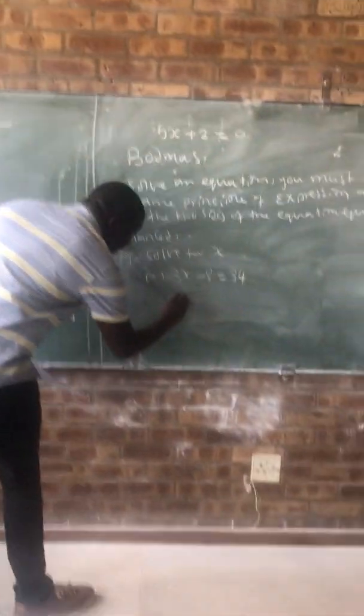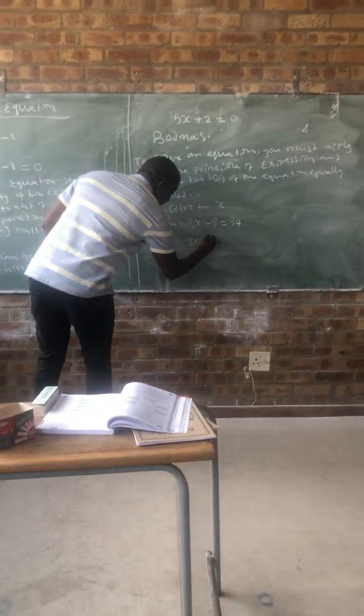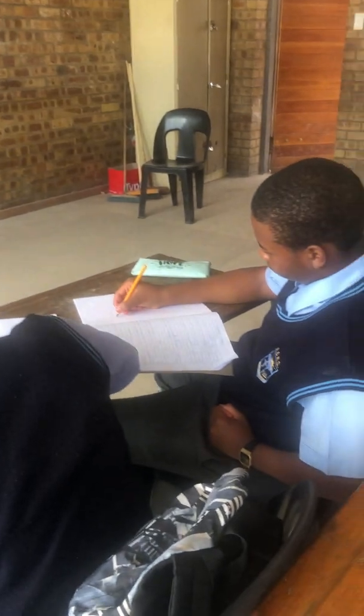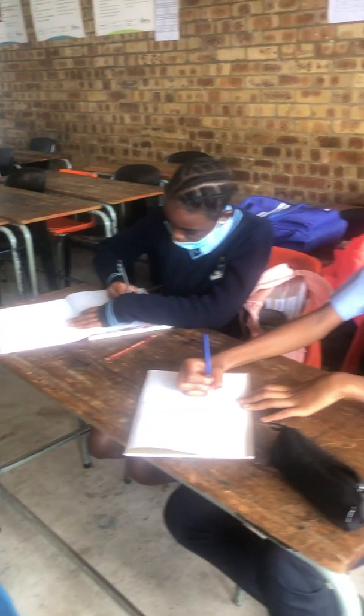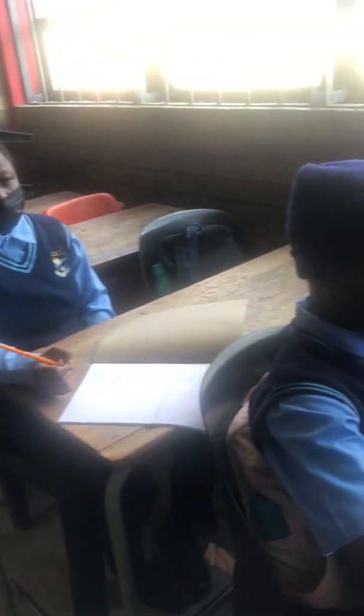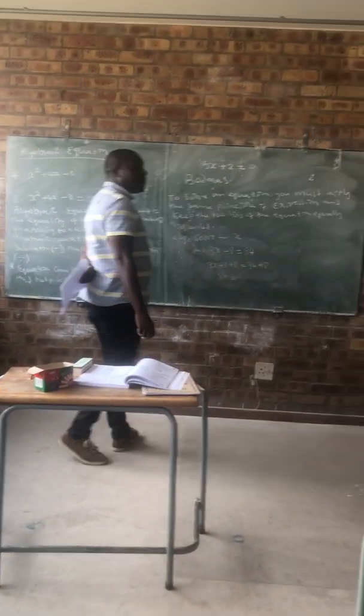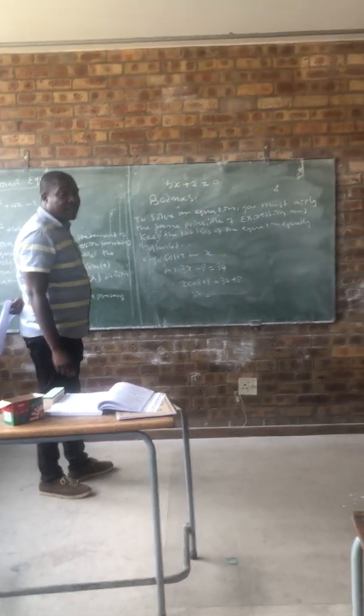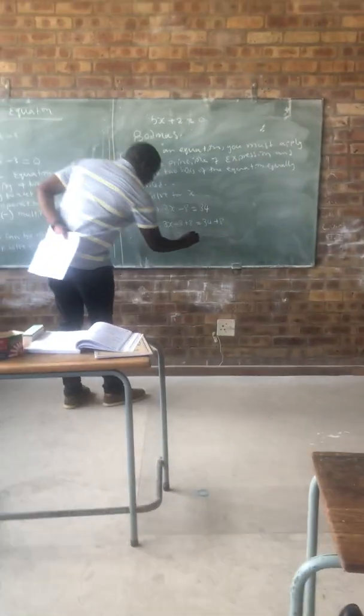We add the additive inverse of 8 on both sides, which is the same as moving. So negative 8 plus 8 is 0. We are left with 3x equals 34 plus 8, which is 42.